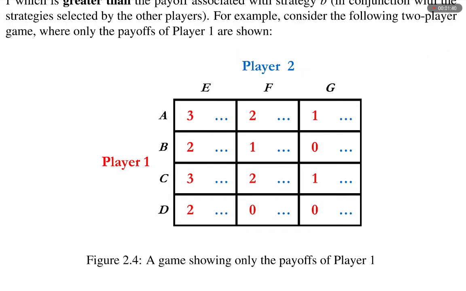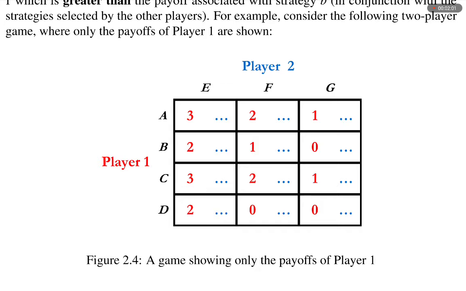On the left side, along the rows, we have player 1, and on the columns we have player 2.